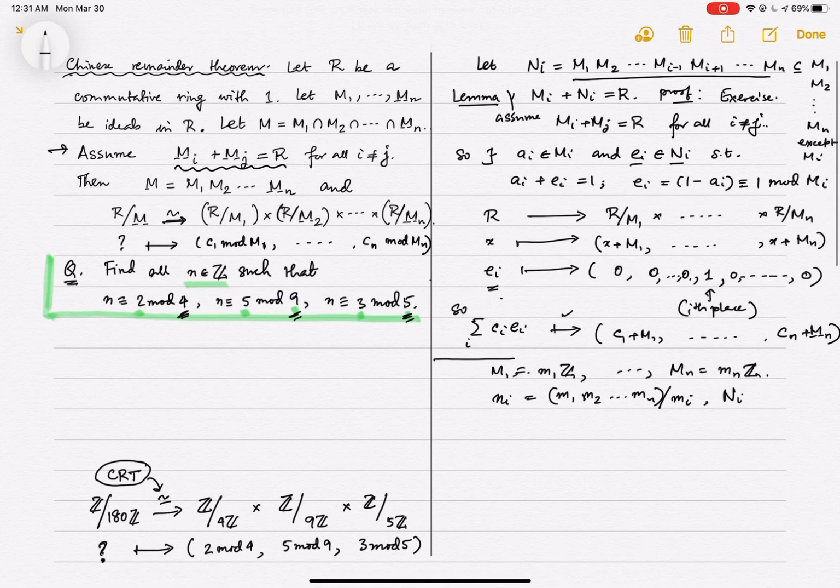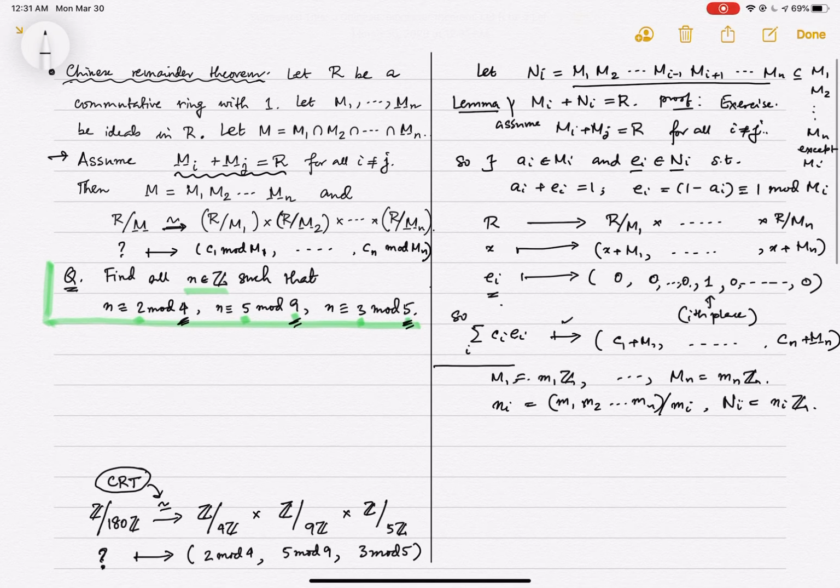So what I'm calling n_i up here is same as n_i Z. What I need to do is find, let's say, an integer e_i, which is 1 mod m_i, but 0 mod all the other ones, for j not equal to i.